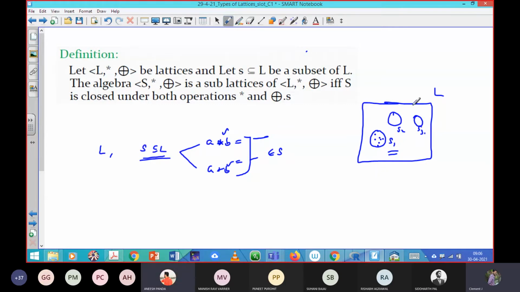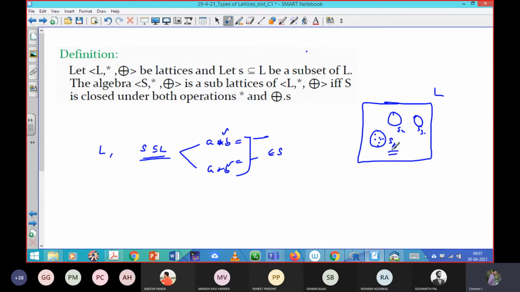Yes, sure. See here, you will have one larger set, which is already defined as a lattice, in which you pick one subset. If it is a sublattice, it should satisfy one condition, called the closure condition, the closure property.